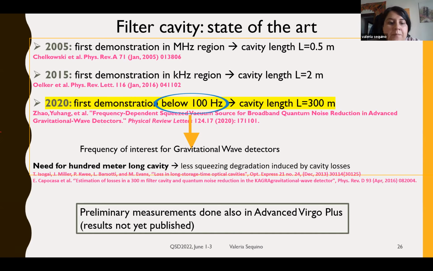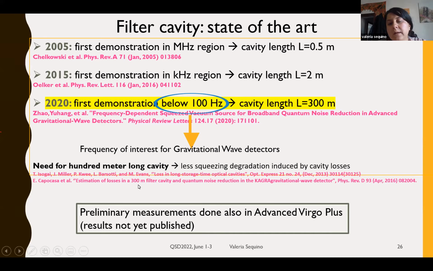This was done by the NAOJ group in Japan. This is the first time the technique was demonstrated for frequencies of interest for gravitational wave detectors. The need for a long cavity is that it has less squeezing degradation induced by cavity losses. For references explaining this, you can see here.